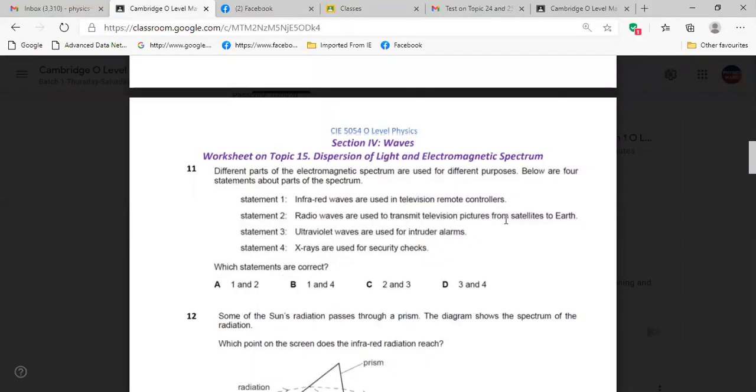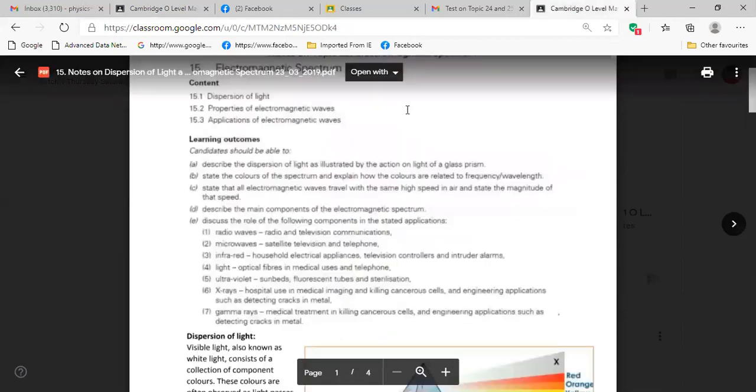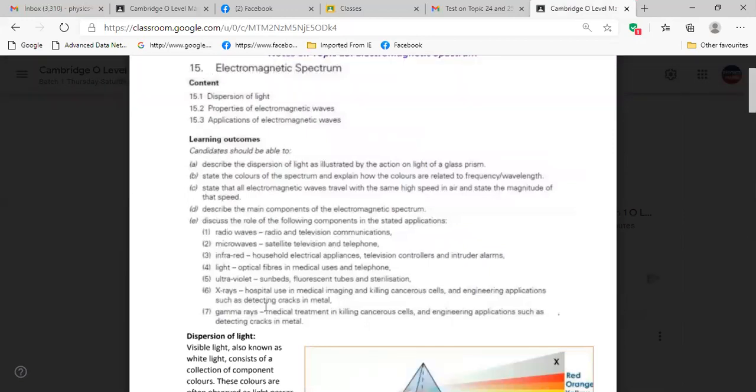Television pictures from satellite to Earth. And which one is given for security checks? Is there anything given for X-rays? Medical imaging, X-rays and gamma rays. They are both for security checks, right? Yes, sir.